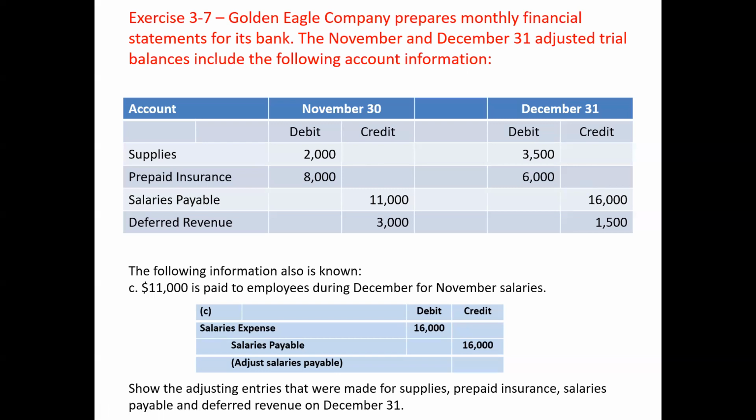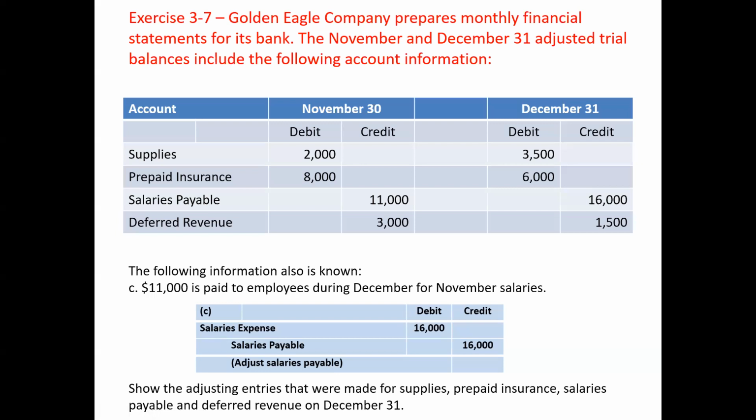These salaries occurred, they were incurred, they happened. We need to record it. We're not paying it until January, but we have to show the expense happened. Therefore, the adjusting journal entry would be a debit to salaries expense for 16,000 and a credit to salaries payable for 16,000.